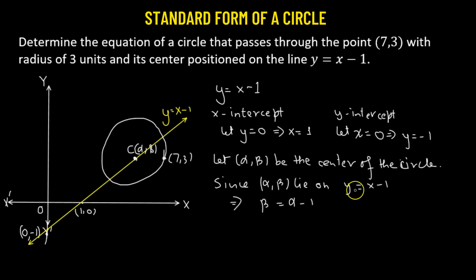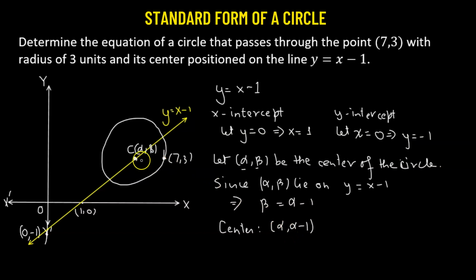All we have done is replace y with the y coordinate beta and x with the x coordinate alpha. That means beta can be expressed in terms of alpha as alpha minus 1. So our center is (alpha, alpha minus 1). Although we started with 2 parameters, to keep life simple, we're using only the parameter alpha here.